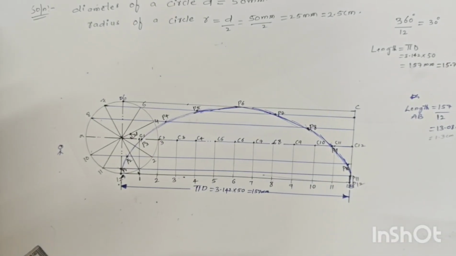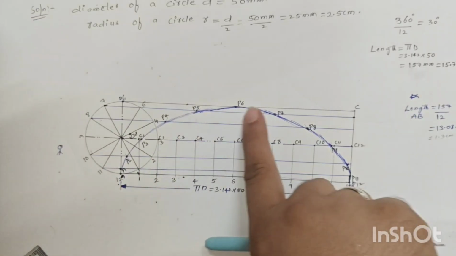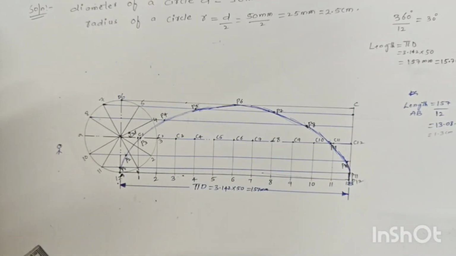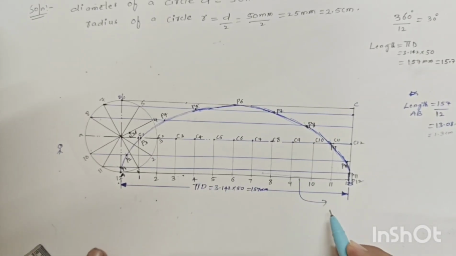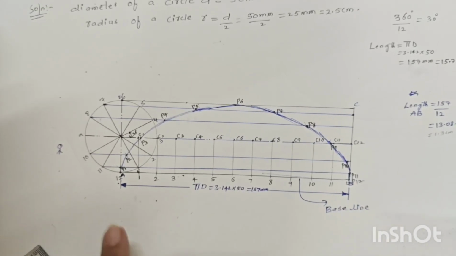Meanwhile, this is what we can say arc. Clear? And from A to B is called the base of a circle. Baseline, you can say that. Clear? A to B is called the baseline.